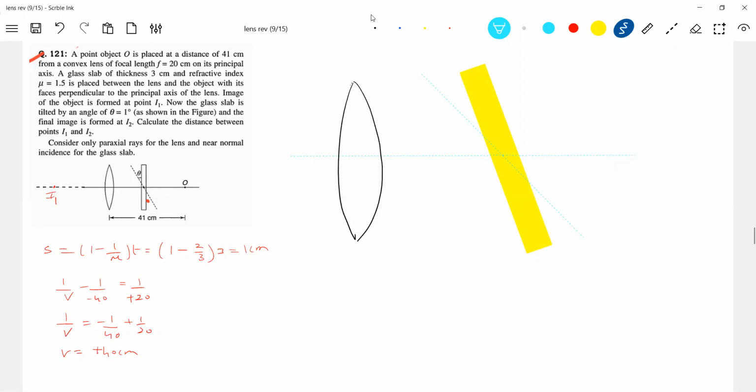Small theta. This is small theta. What is there in the diagram?